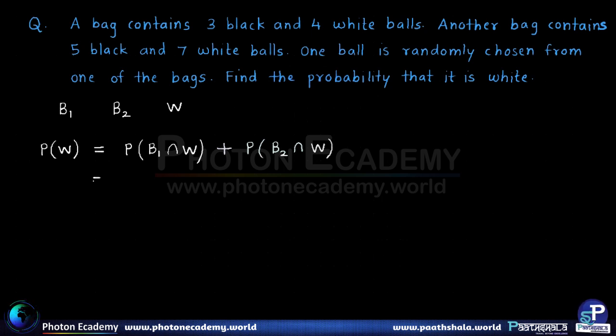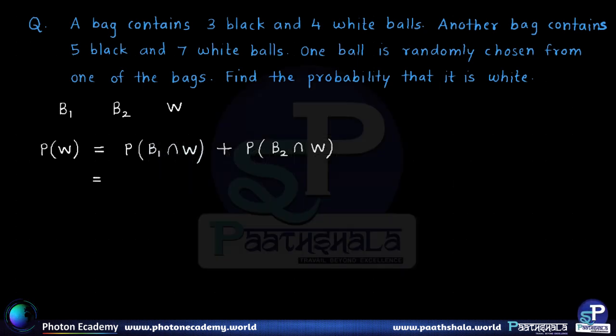Now to calculate the first probability we use the conditional probability. As we have seen, the bag selection occurs first and only then whether it is white or black ball, that will occur after the bag has been selected. So therefore the first event that takes place is the bag selection.